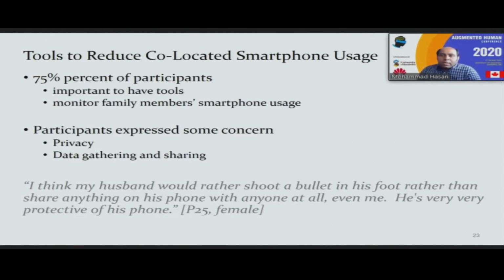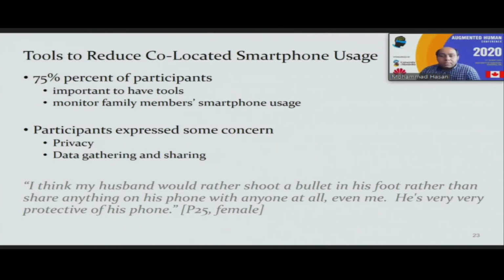In another question, we asked about the importance of having tools to reduce co-located smartphone usage. 75% of the participants expressed that it's very important for them to have tools to help them either monitor or control their family members' smartphone usage.